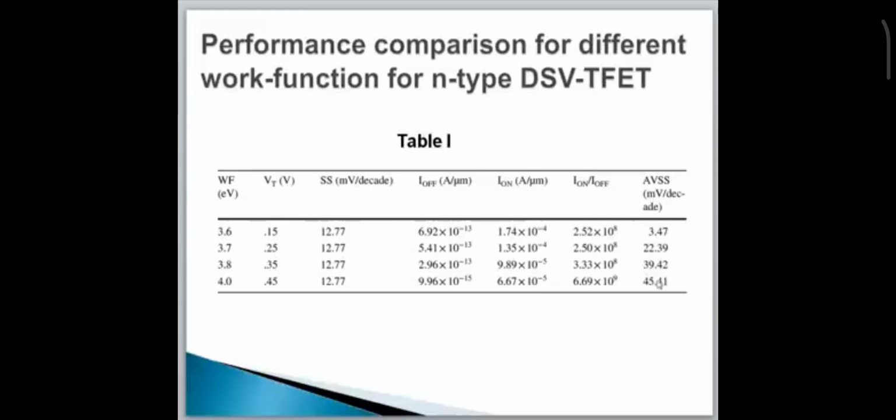This means you will get the optimized average subthreshold slope at 3.6 electron volt. It is about 3.47 millivolt per decade. This shows the switching speed is very good for dual source vertical TFET as compared to conventional TFET. I will show the curve also in the next slide.